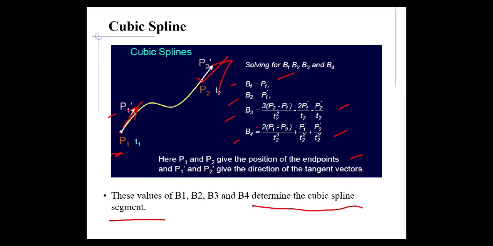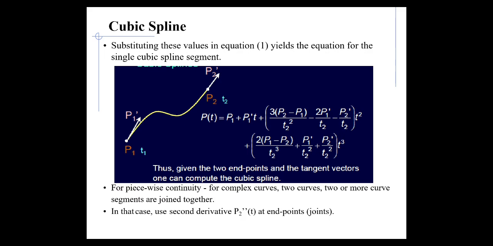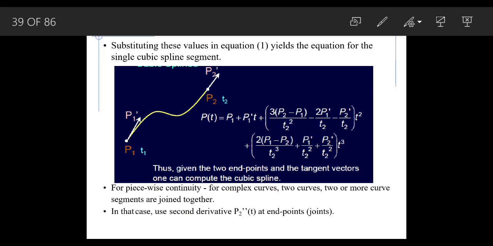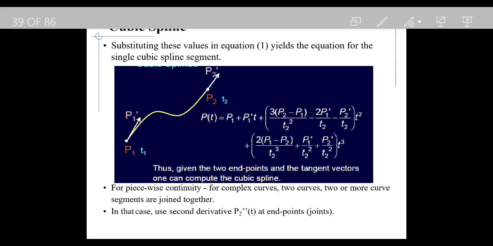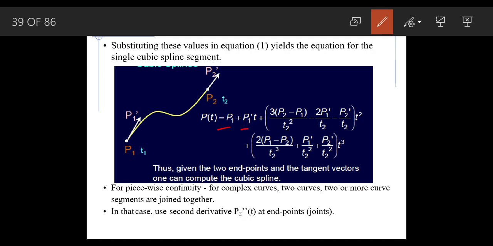Put the values we have calculated here: b1 is p1, b2 is p1 dash, b3 and b4 have their entire values. Thus, given the two endpoints and the tangent vectors, one can compute the cubic spline. If we are given the first and last position vector, we can compute the cubic spline.